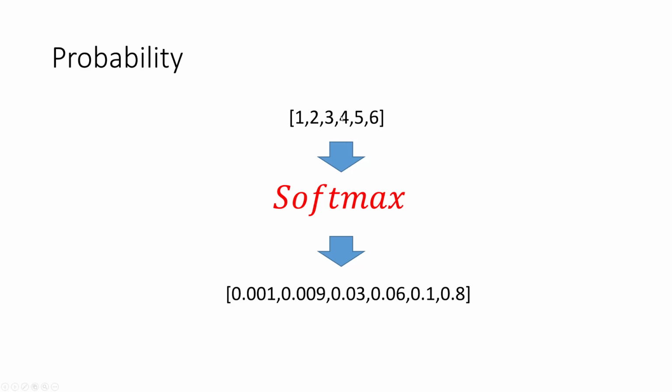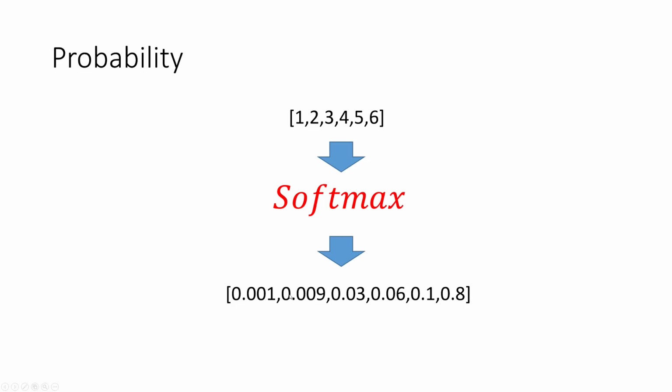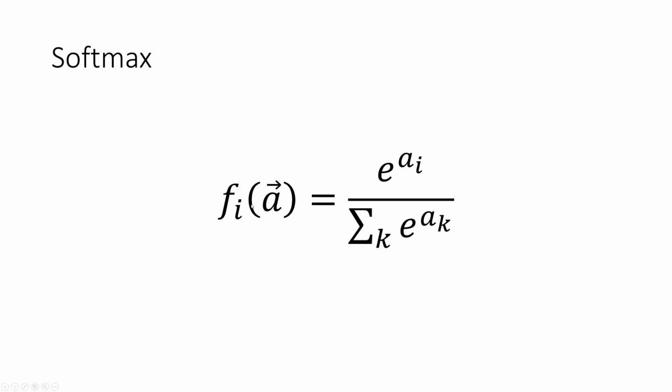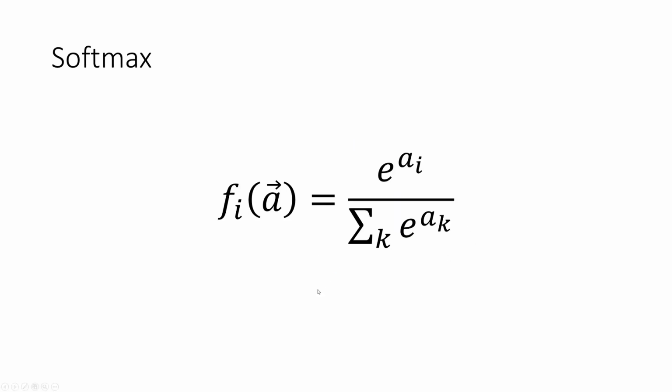So the softmax function is f_i. f_i of vector a, where i is the index of the output. So let's say f_2 would be the second output, and a would be the input. The formula for that is that we take e to the power of a_i, that's the i-th input.